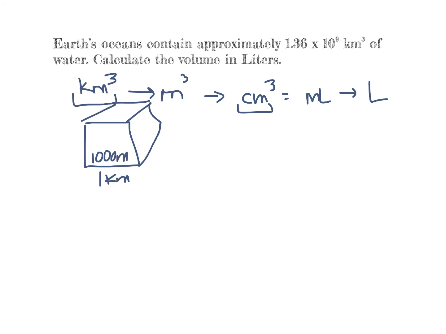But it's happening in 3D. So I have 1,000 meters, 1,000 meters, and 1,000 meters. Which means that 1 kilometer cubed should equal 1,000 cubed meters cubed.